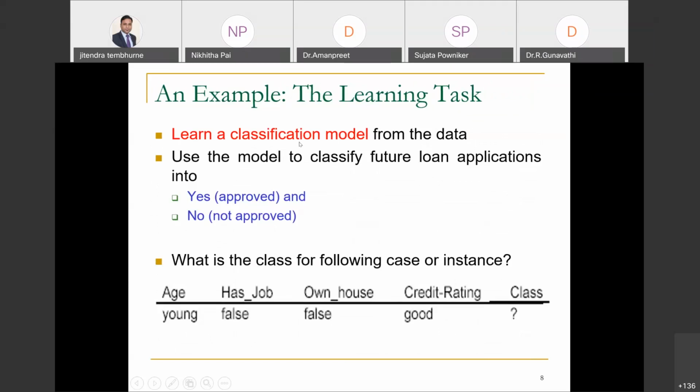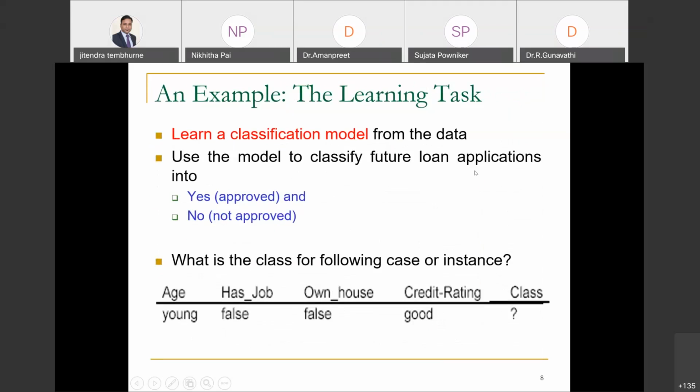The job of the classification model is to learn from the data. From the data I have shown, the classification model will learn. That is the first step. And after that, the next job of the model we have built from the given data is to classify future loan applications.